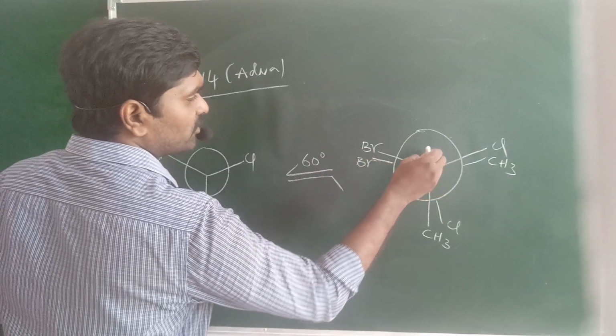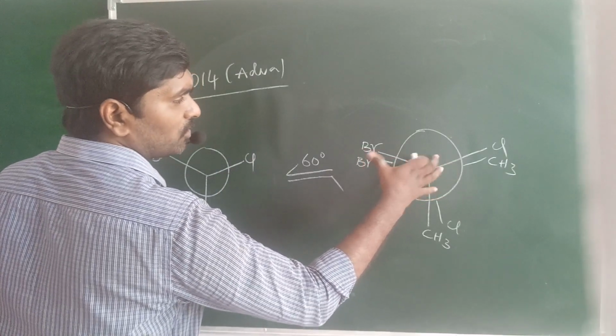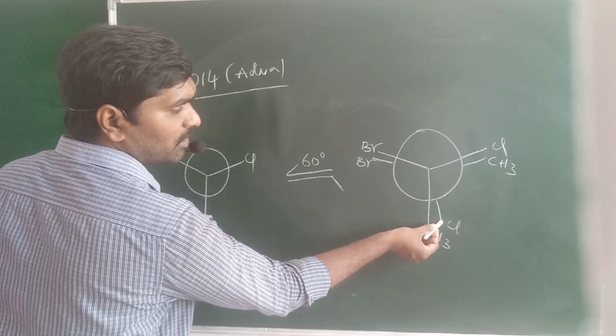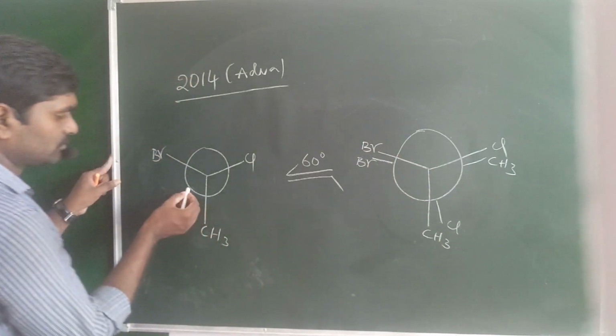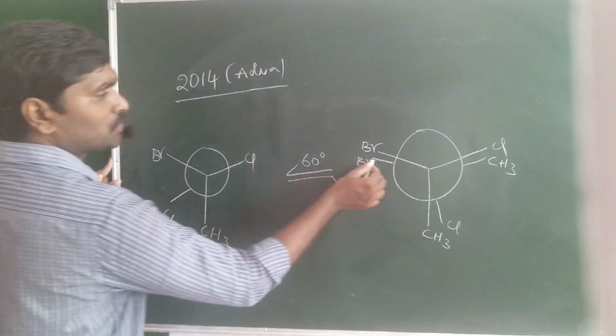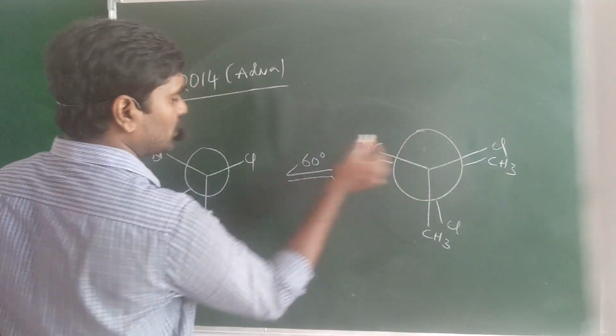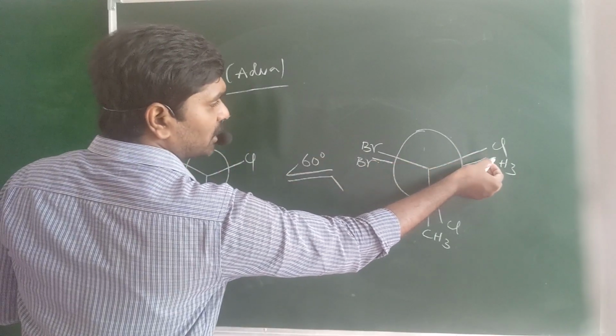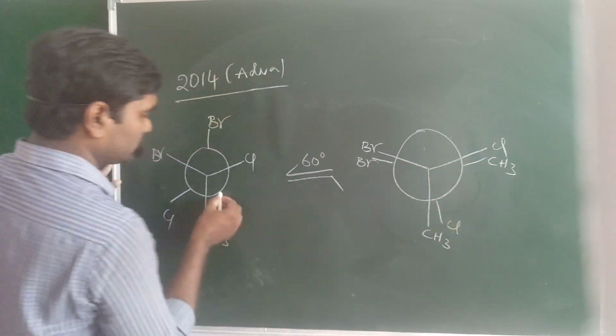The front side carbon is constant, it does not rotate. On the back side carbon, after rotating 60 degrees, the Cl attains the position here, the Br occupies the position here, and the CH3 rotates to here.